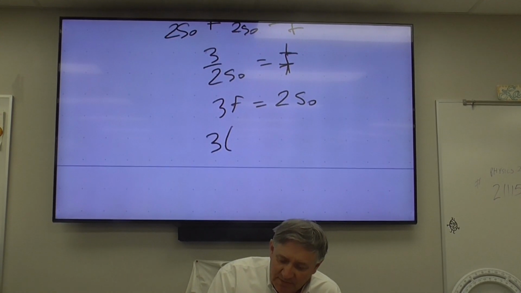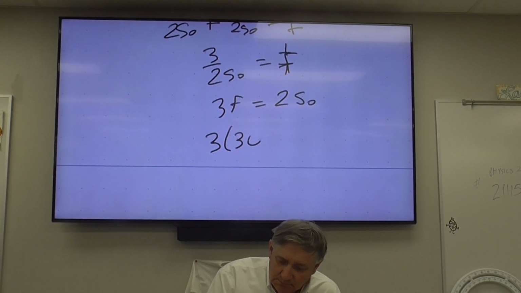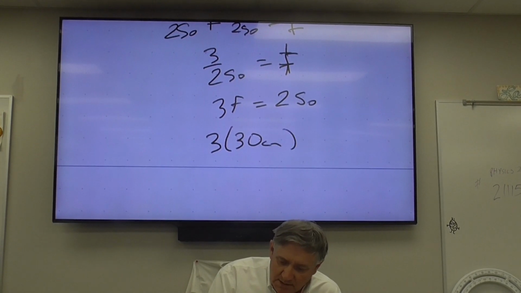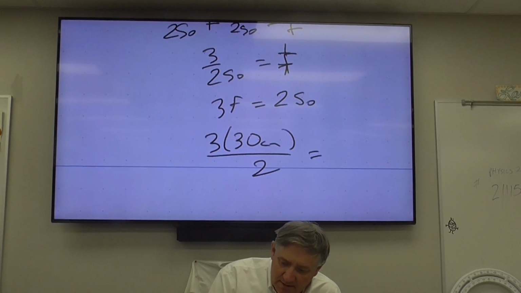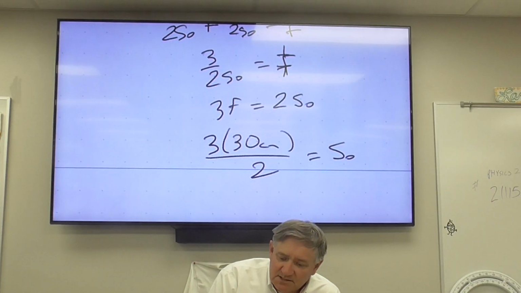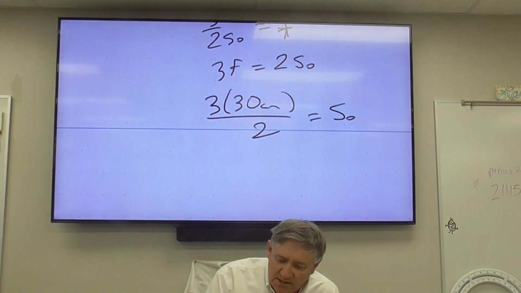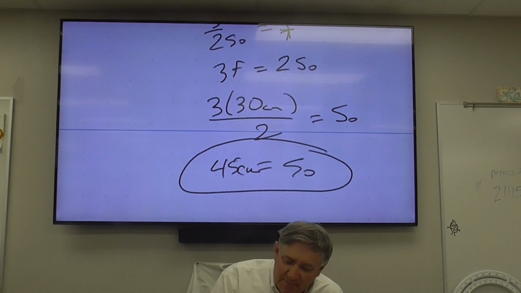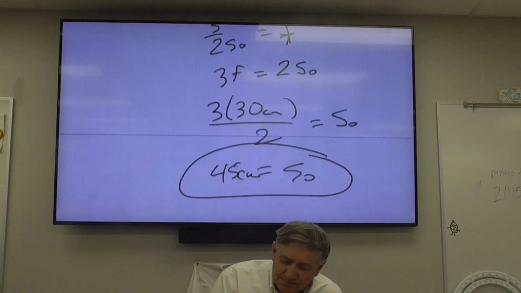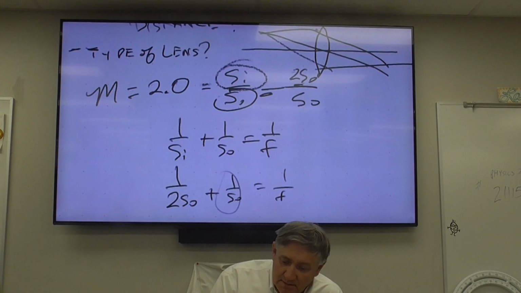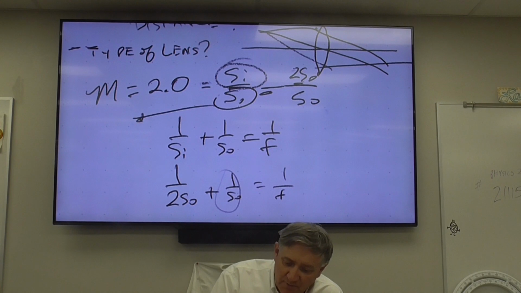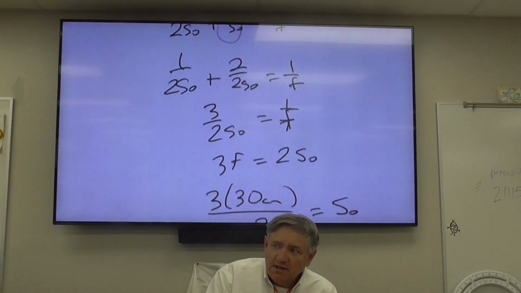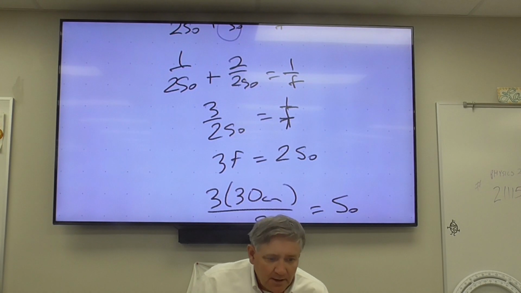So 3 times 30, which is 90, divided by 2, I get my object distance, which in this case works out to be 45 centimeters. So if my SO is 45, that means my image distance has to be 90.